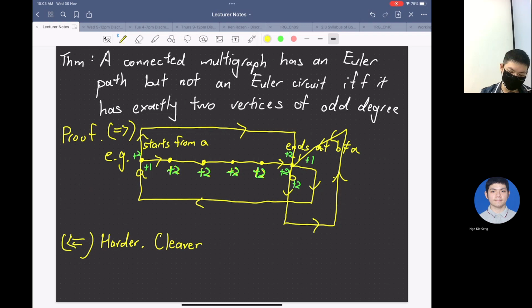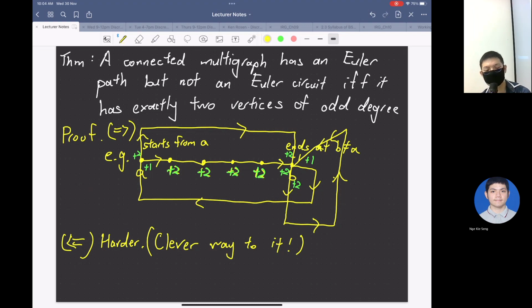So there's one clever way to build this Euler path. Can you think of one? The hint is to use the previous theorem.